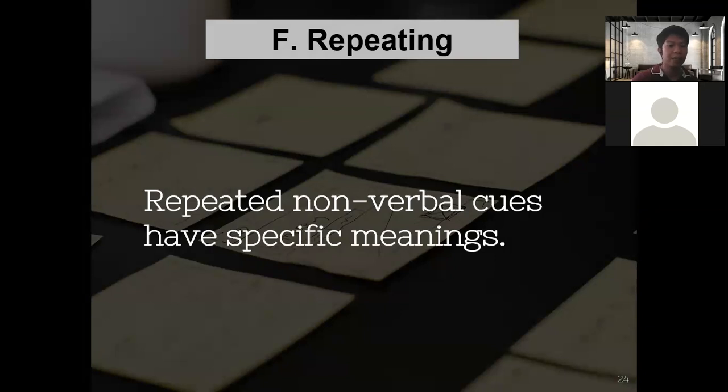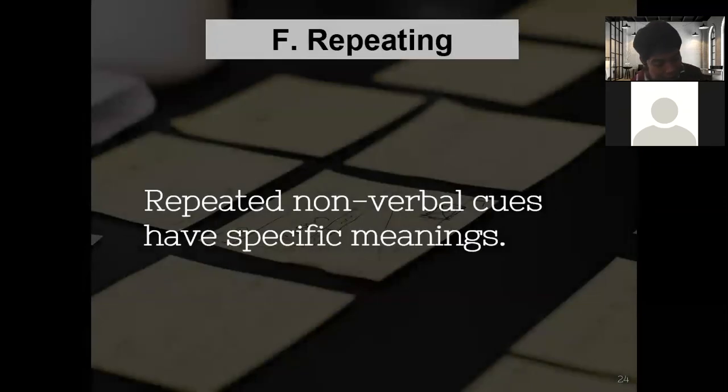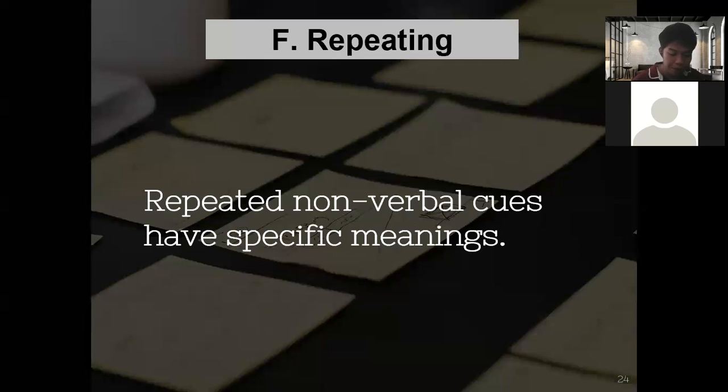Next one, repeating. Repeated nonverbal cues have specific meanings. So repeating, when a person repeats a gesture, possibly the receiver of that communication situation did not understand the meaning of what you are referring to, since nonverbal gesture is confusing.